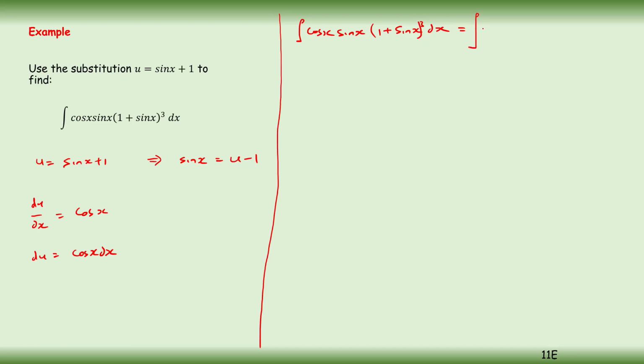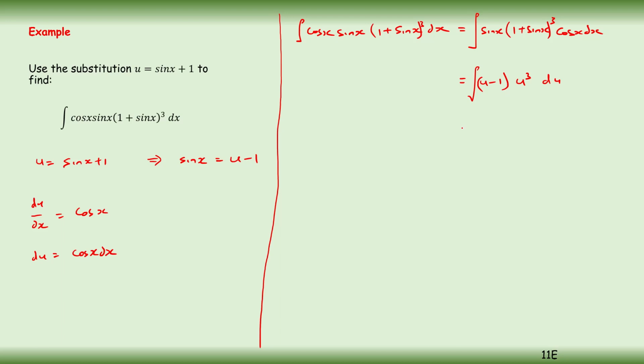So that's the same thing as the integral of sine x times 1 plus sine x cubed, and I'll just put a cos x dx here, which is the same thing as du, if you remember. So now I can substitute. Sine x is u minus 1. 1 plus sine x is u, so that's u cubed. And cos x dx is du. So we've used our integral by rearranging it to simplify cos x dx to du.